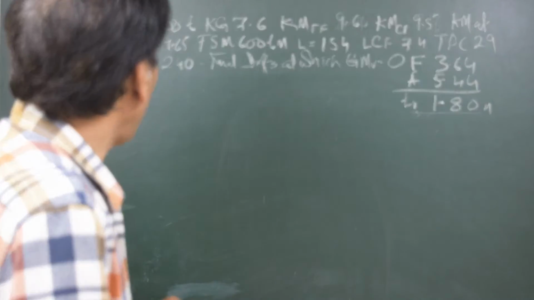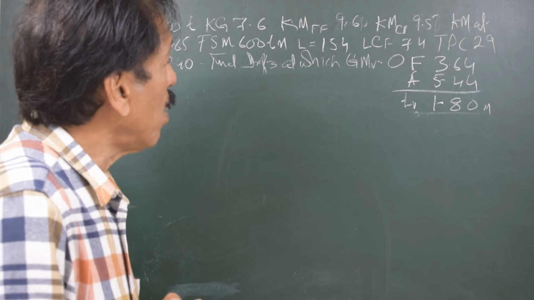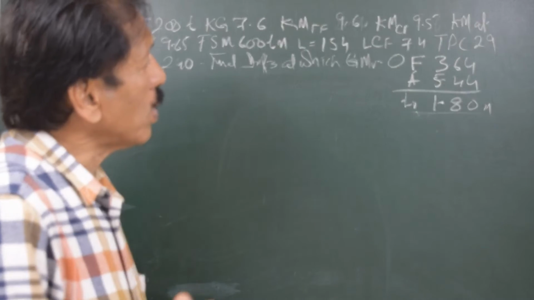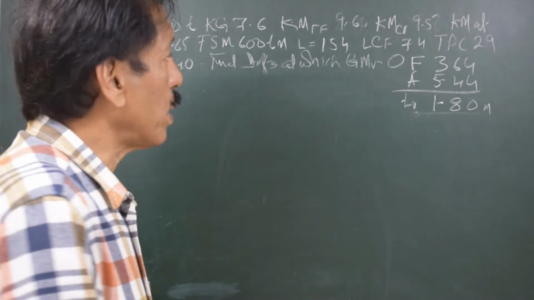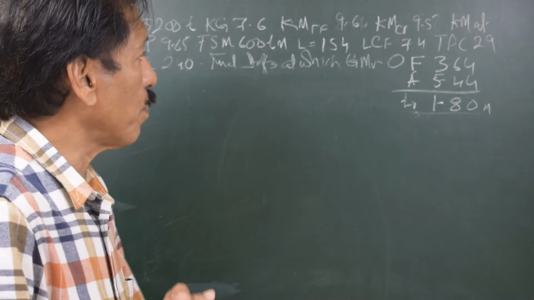Here, the displacement of the ship is 5,200 tonnes, KM free floating is 9.6 meters, KM at critical moment is 9.5 meters. This is the data which we have got from the stability book.